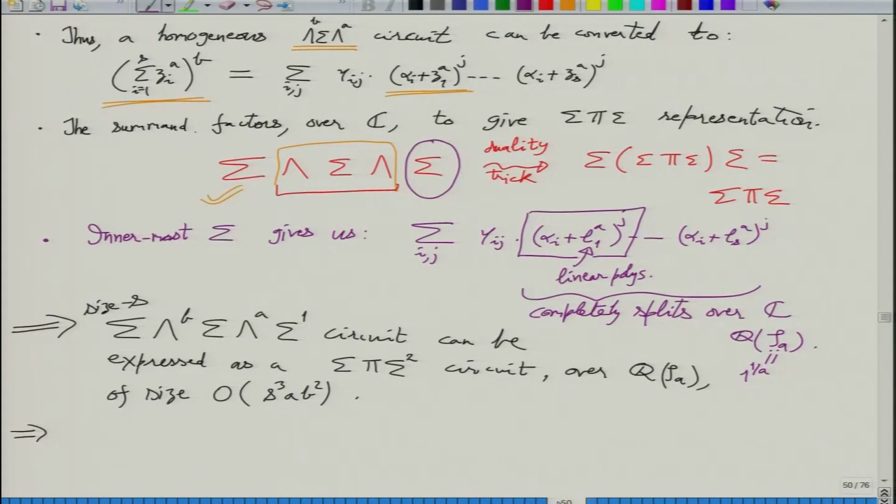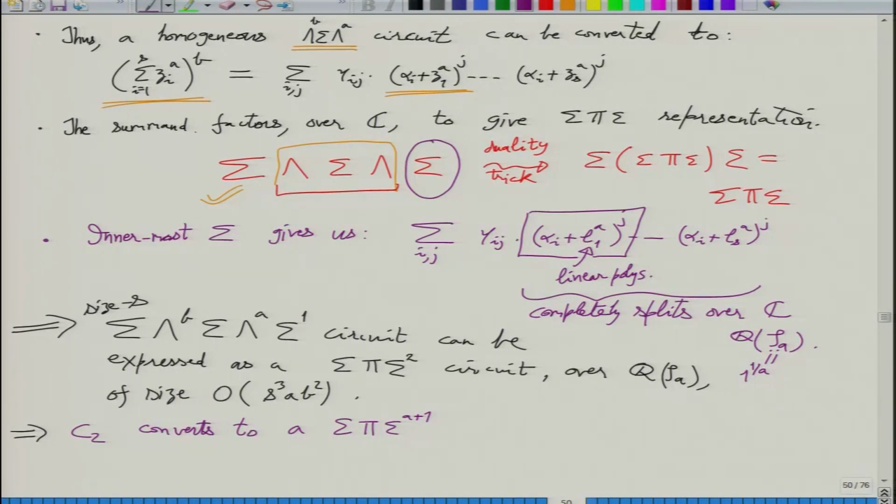So we can now write that C2 converts to a sigma pi sigma A plus 1 circuit.